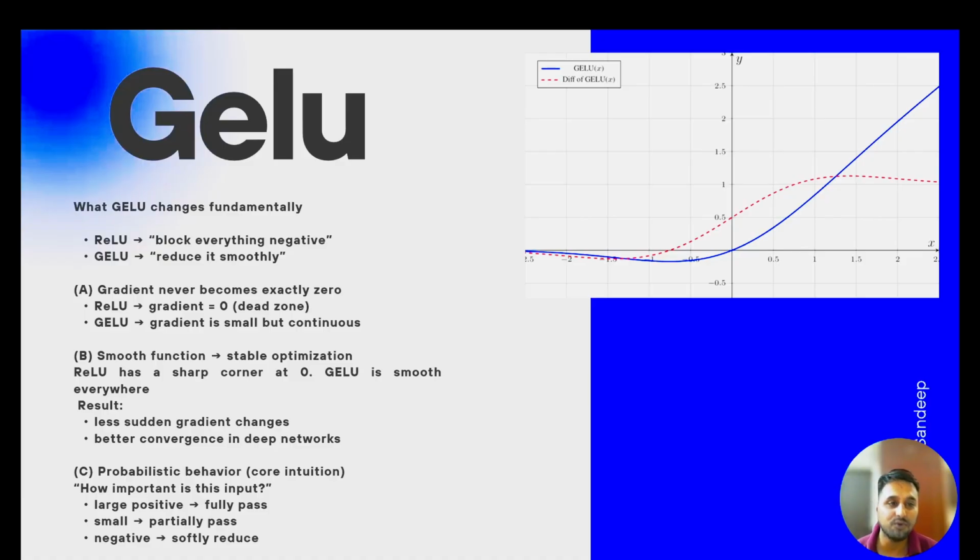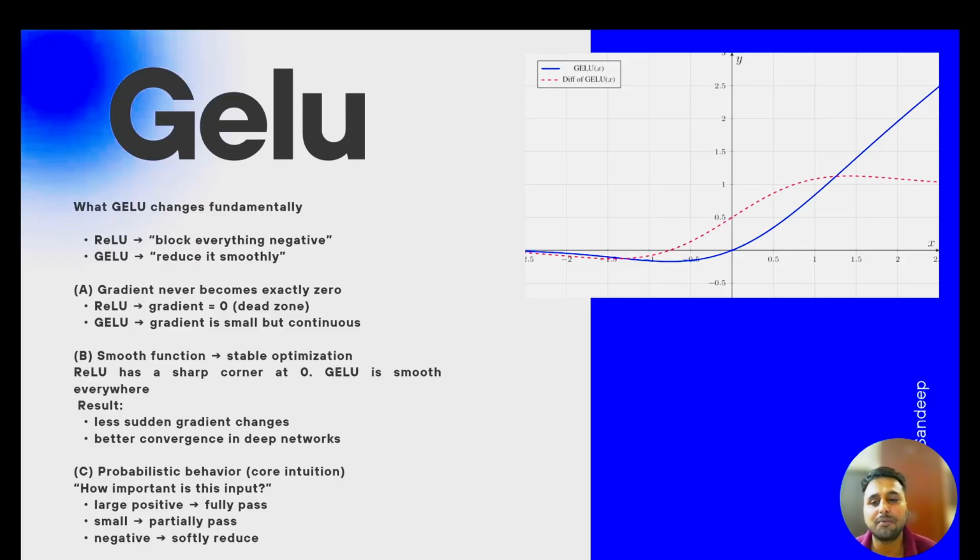So ReLU has two problems. First, for negative values it gives zero, and the second problem is that it has a sharp corner. But GELU solves the second problem also. GELU is smooth everywhere, whether it is zero or any value, positive or negative. It gives smooth optimization, less sudden gradient changes, and better convergence in deep networks.